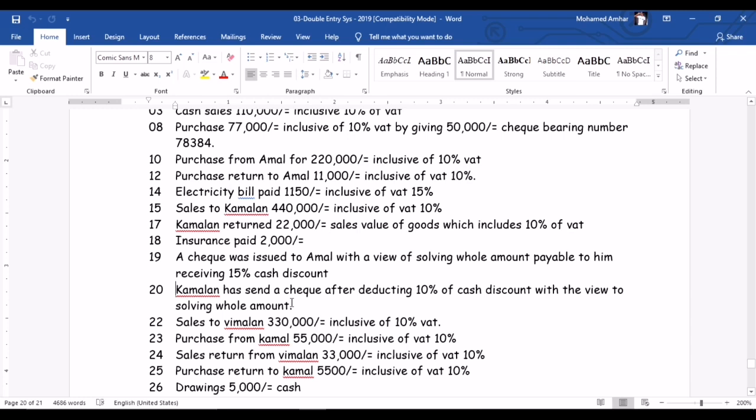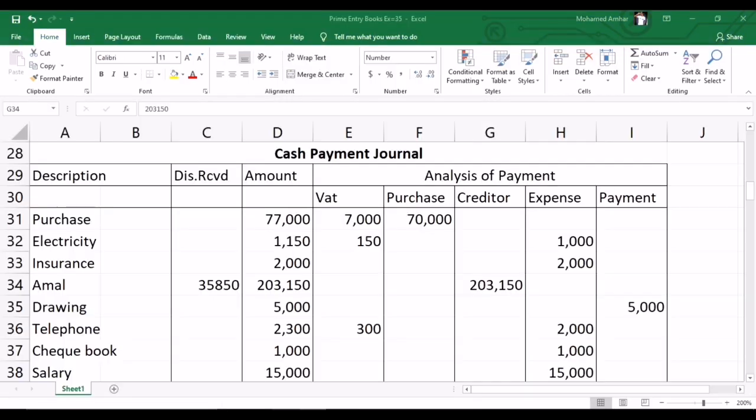So now you have to find out how much should be receivable up to 20th January from Kamalan. So you can find out this in your worksheet.